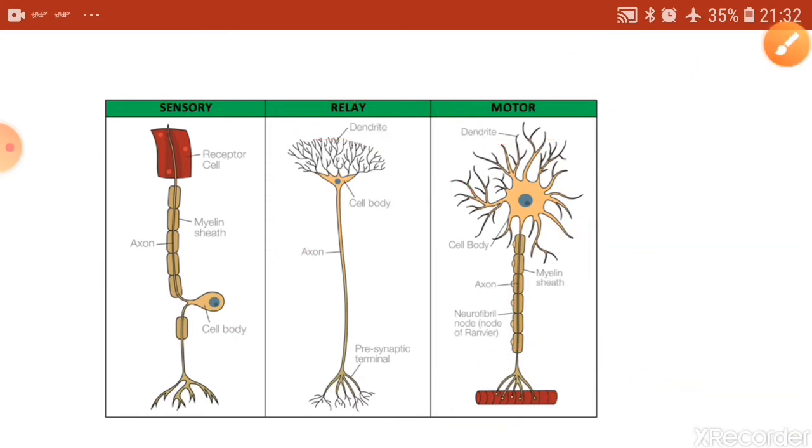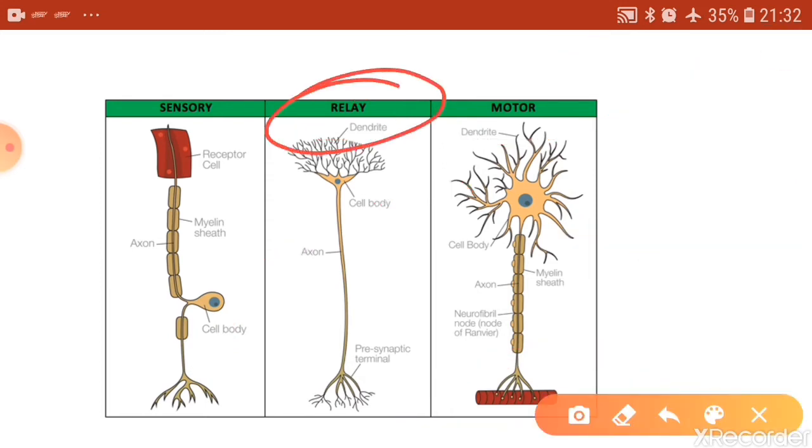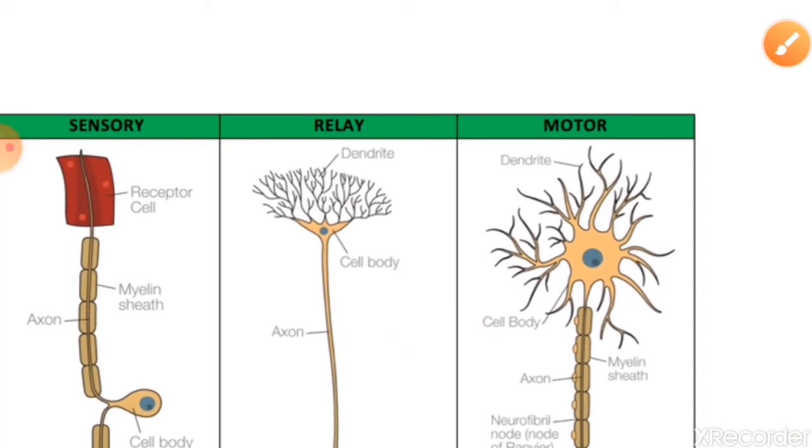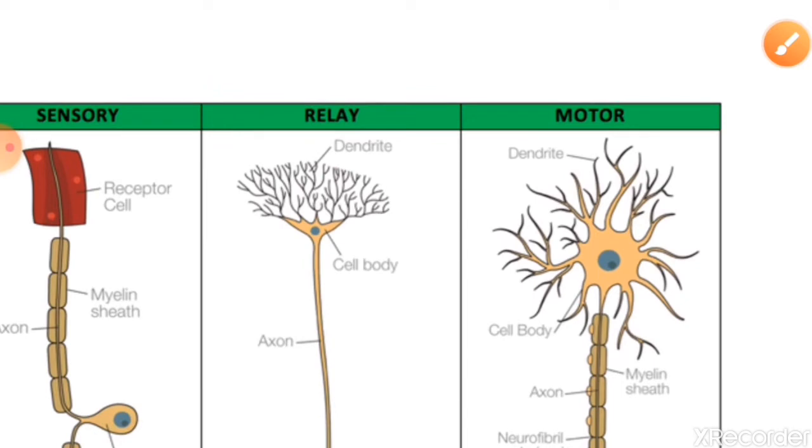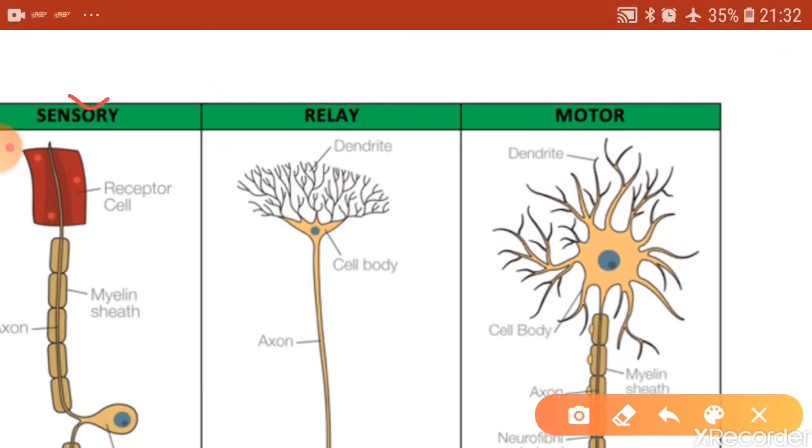So these relay neurons are present only in the central nervous system, and their work is to pick the information from the sensory neuron and pass it to the motor neuron. So these are the three types of neurons. The neurons can either be sensory neurons, relay neurons, or motor neurons.